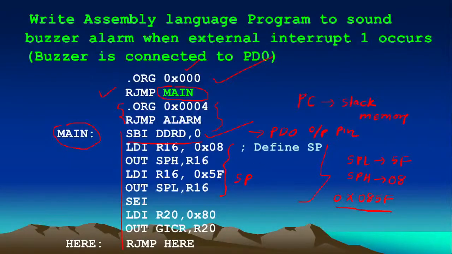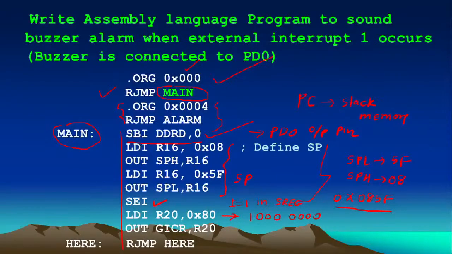Then after that SEI, which we discussed last time, will enable the interrupt flag in the status register. So your I bit will become 1 in the status register. And this is 0x80. Only one interrupt we are using, interrupt 1. So the binary sequence corresponding to interrupt 1 would be 1000 0000.